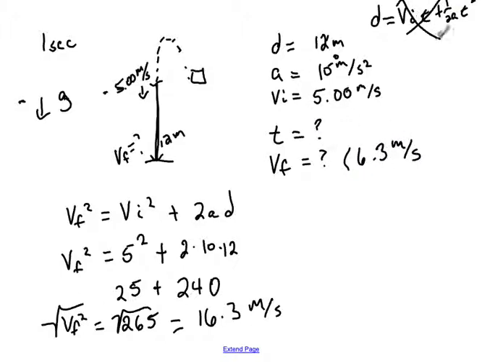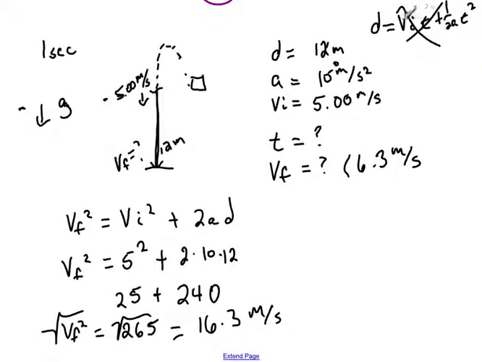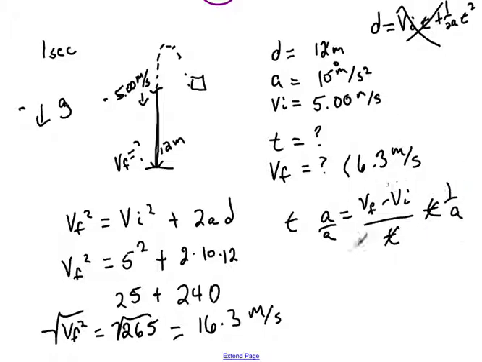Now I can use a much easier equation with time in it than this one up here. I'm going to use acceleration equals VF minus VI divided by time. I'm going to rearrange the equation, solve for time. This goes away, A, both sides. So I have T equals VF minus VI divided by A. Alright, now I can plug in my acceleration.